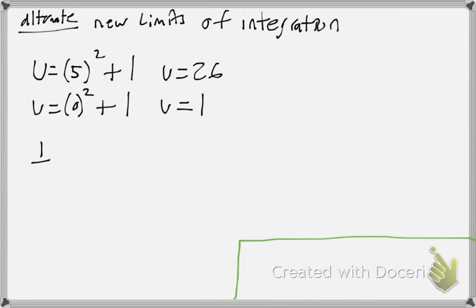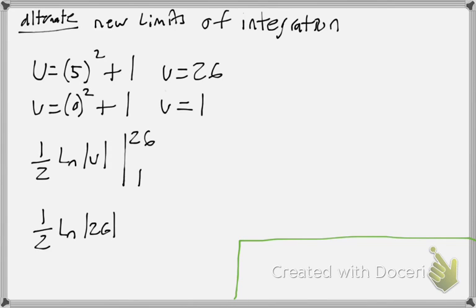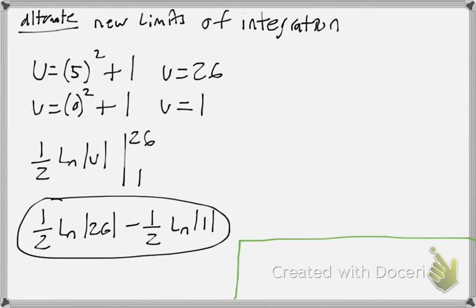So you could solve this as 1/2 ln of u, and instead evaluate it from 26 and 1, instead of 0 and 5. So this would be 1/2 ln of 26 minus 1/2 ln of 1, which is the same thing that we got before.